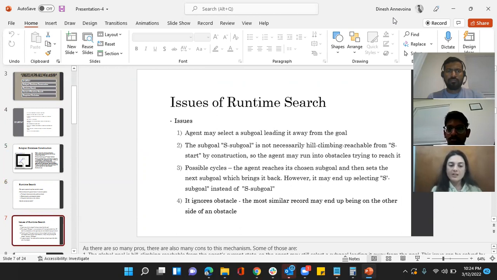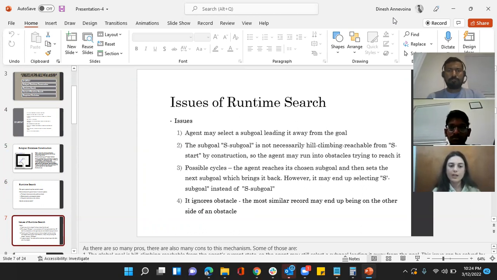So let's see some issues here. As there are many pros, we can see some cons to this mechanism. The first is that the goal is not necessarily hill-climbing reachable from the agent's current state, so the agent might still select a subgoal leading it away from the goal.